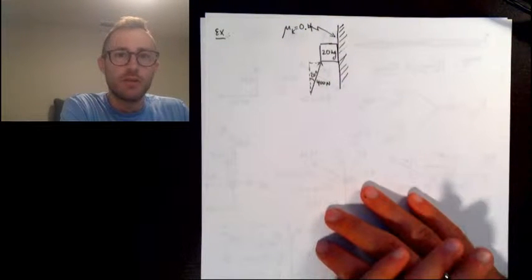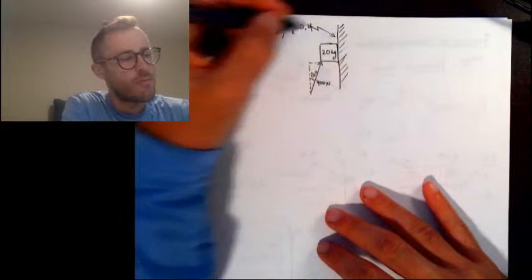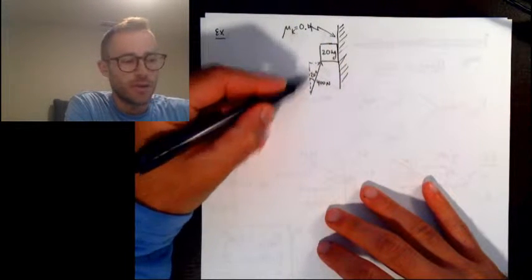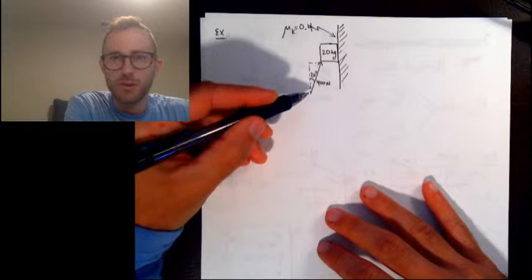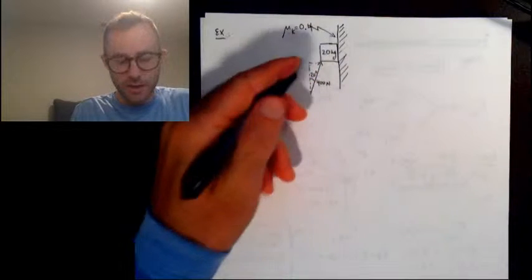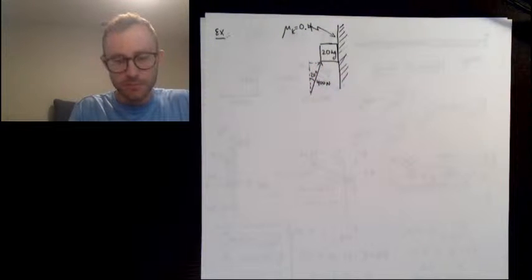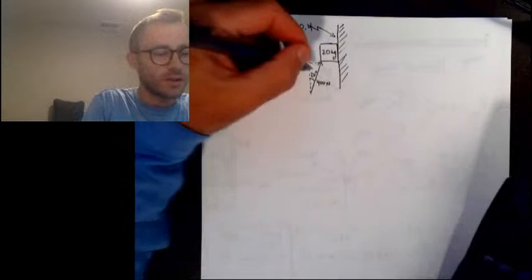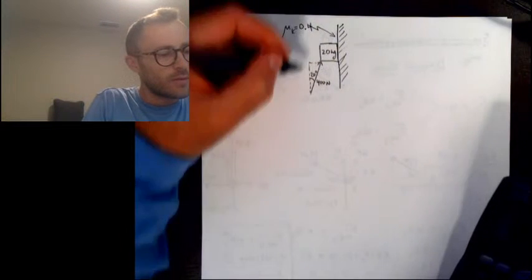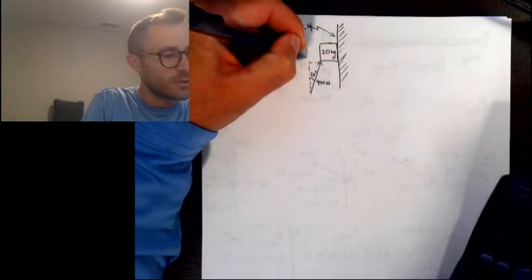So let's draw a free body diagram. I'm going to go ahead and get the components of the 400 Newton force. Okay? So 400 sine of 20 is 137 newtons.